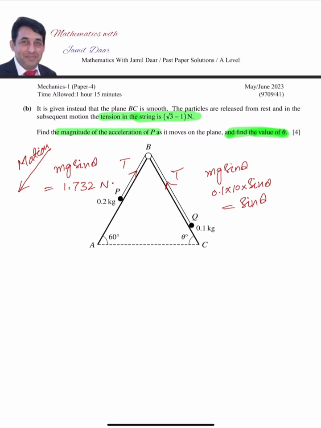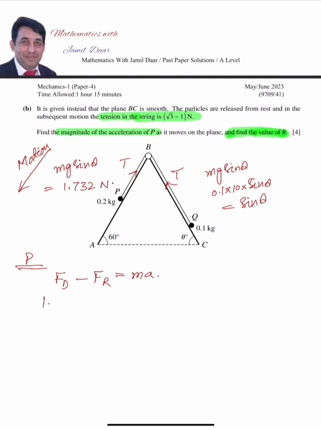This is the driving force, this is the resistance force, and that is equal to MA. So for particle P, driving force minus resistance force is equal to net force, that would be equal to MA.